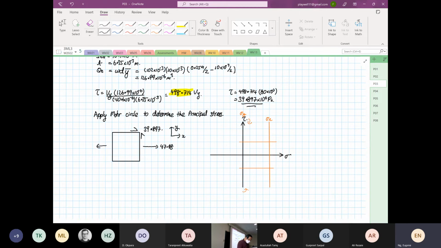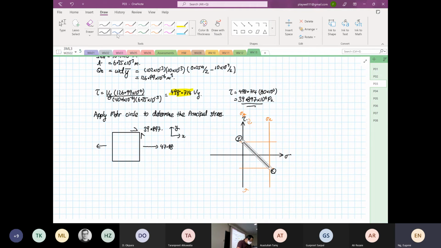So this is your point X, and this is your point Y. Okay, then from here we know that we have to draw a line, and then from here we draw Mohr's circle.